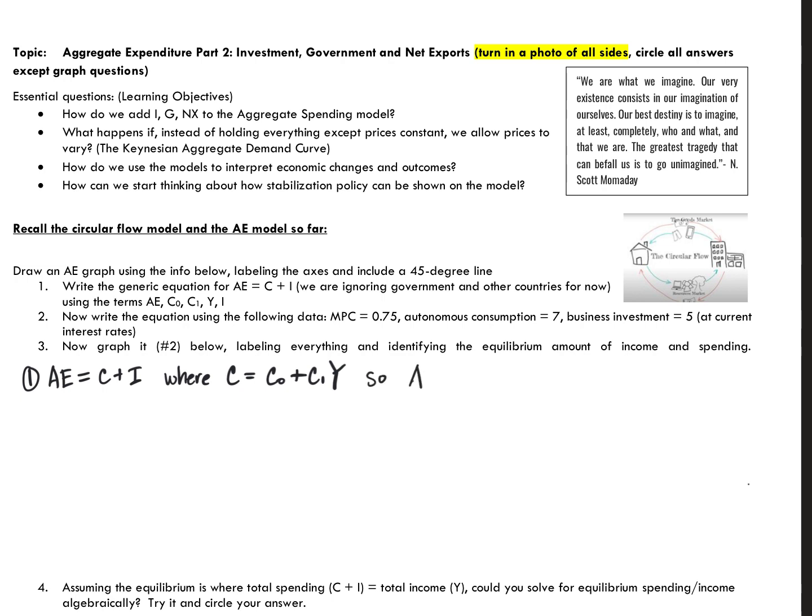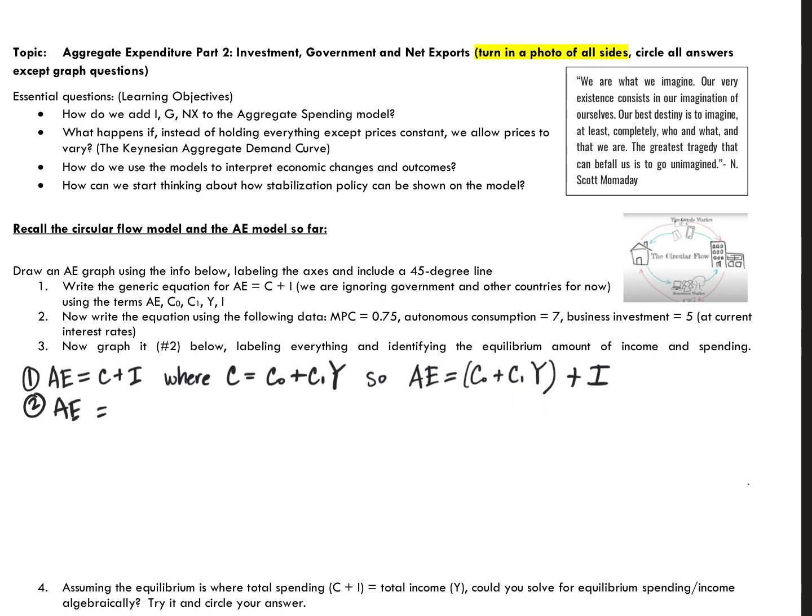So making it a little bit more explicit, your aggregate expenditure will be just the consumption portion, which is your autonomous consumption and your total spending, which is based on your MPC and your income.